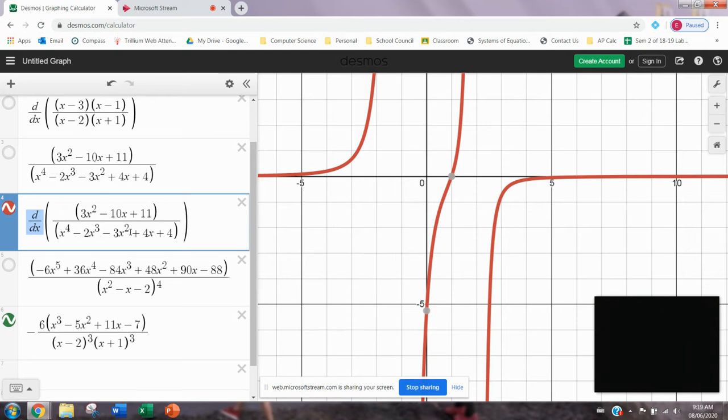So that's an easy way to double check your derivatives before you move on, when you're doing the homework for the rest of this unit.